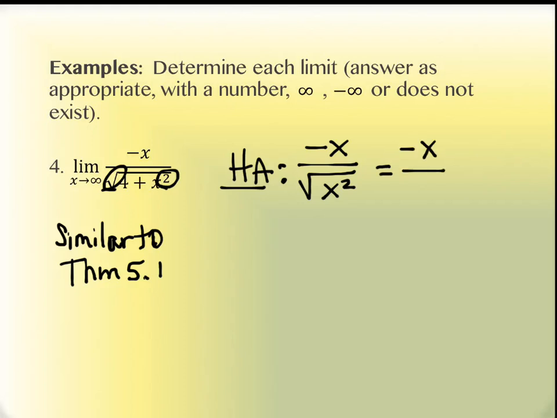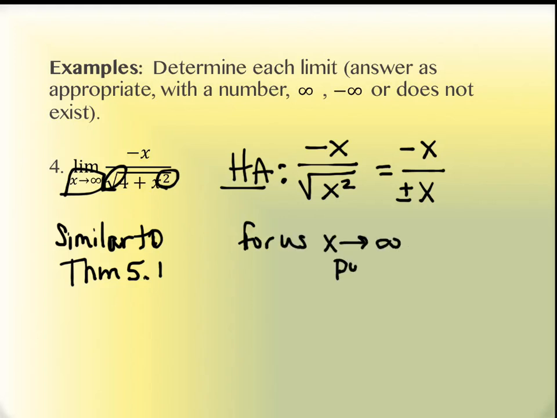What's the square root of x squared? It's actually plus or minus x. Very good. The reason I say plus or minus x is because if x is positive, then one thing happens on the graph, and that would be the right-hand side of the graph. And if x is negative, something else happens on the left-hand side. This one's the limit as you're going to the right-hand side. So for what we're working with, our x values are going to infinity.